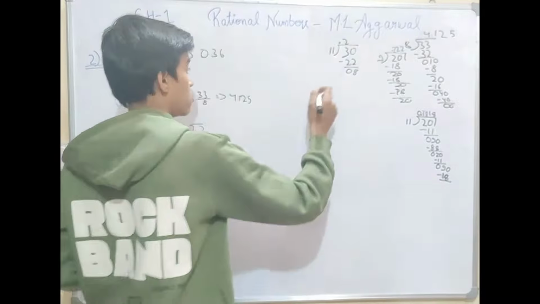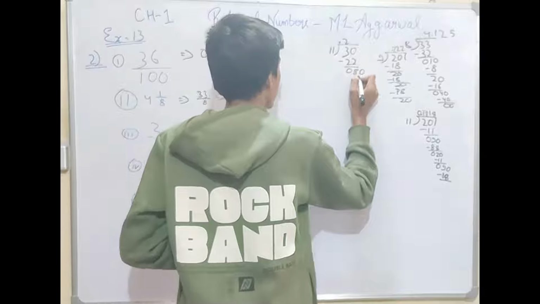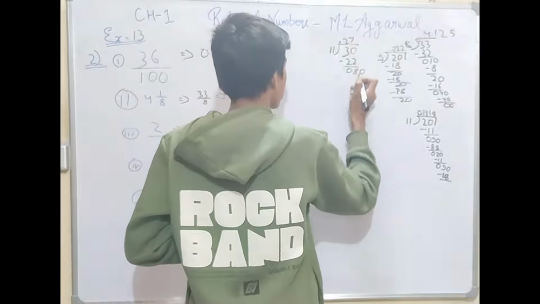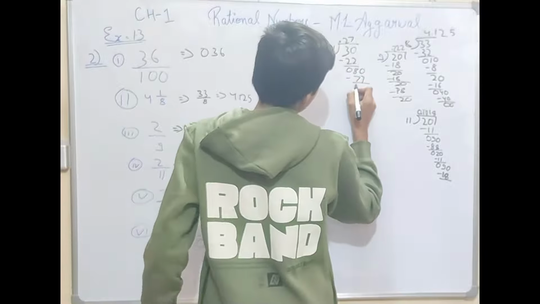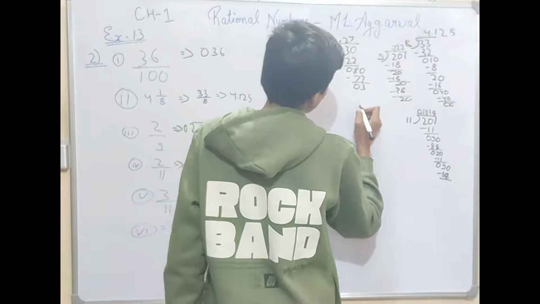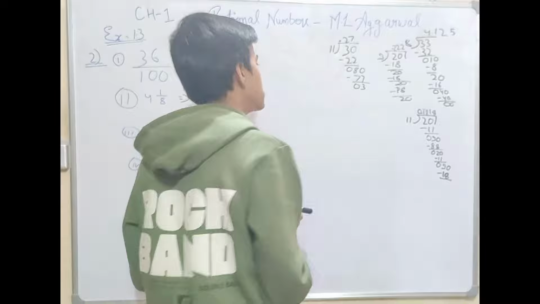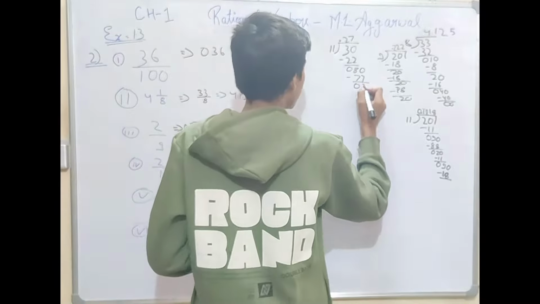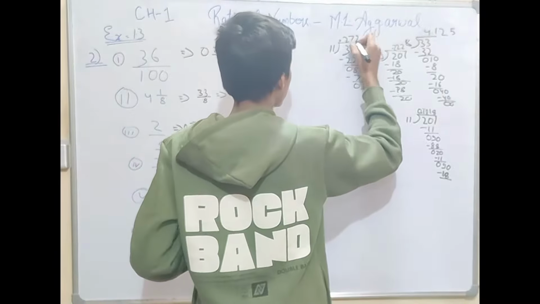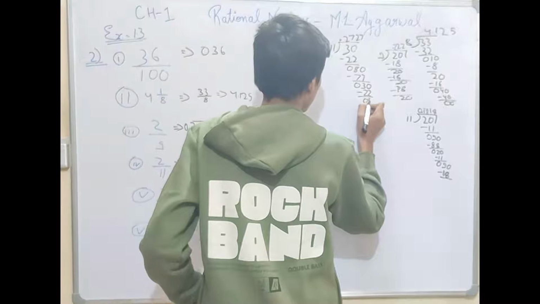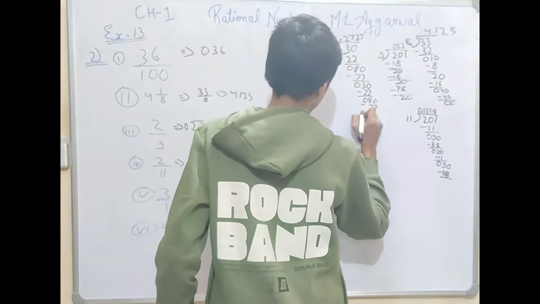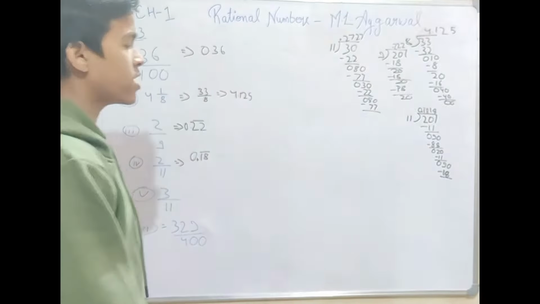Okay, so because of decimal 8 will become 80. 11 7s are 77, minus, 3. 80 minus 77 is 3, and because of point it will become 30. Again 11 2s are 22, 8, 80 minus 77. So this will also go on endless times.